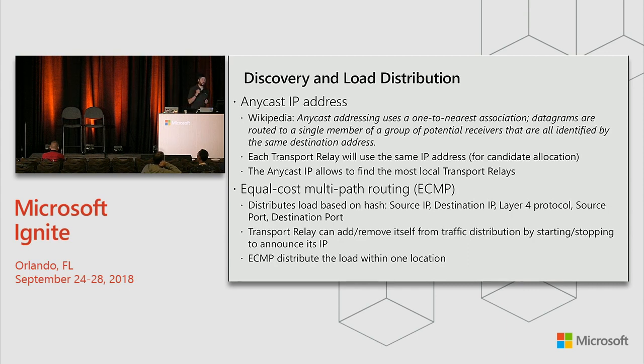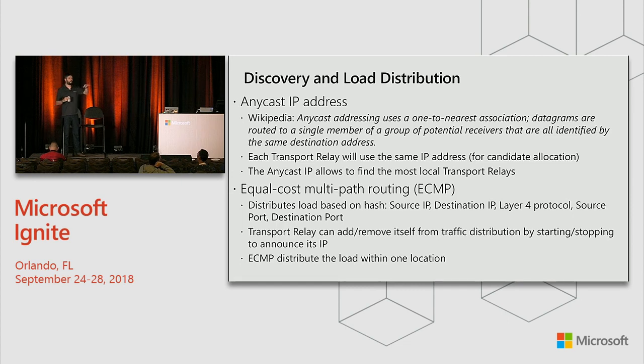Each transport relay has the same IP address, and the Anycast IP address finds you the closest local transport relay. There's some equal cost multipath routing. It's a big word.